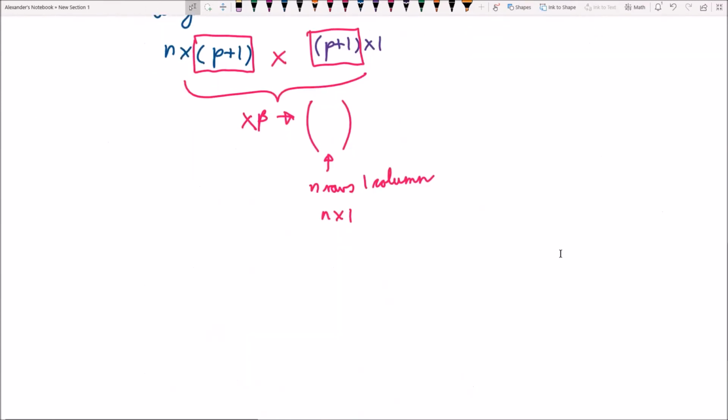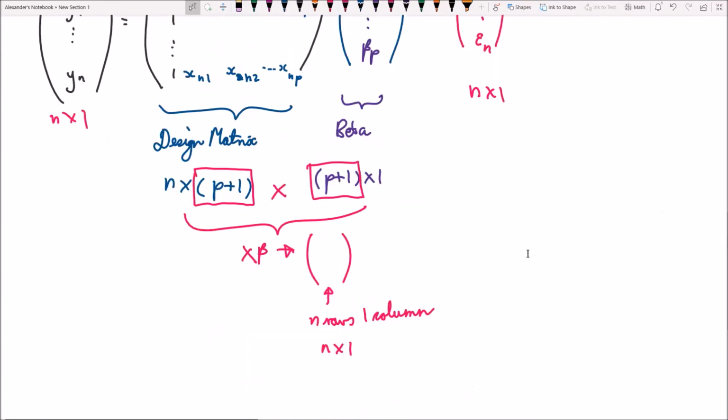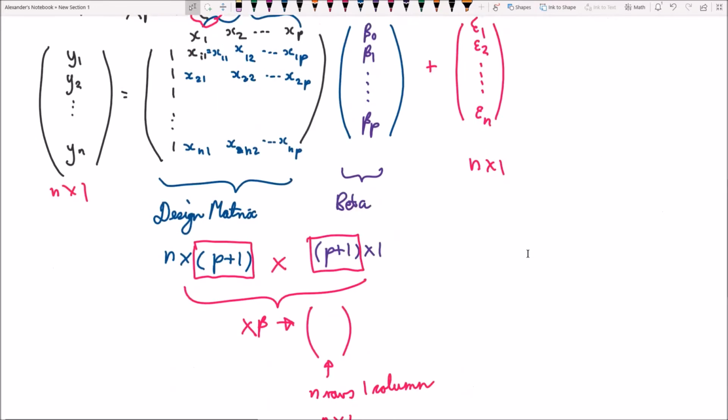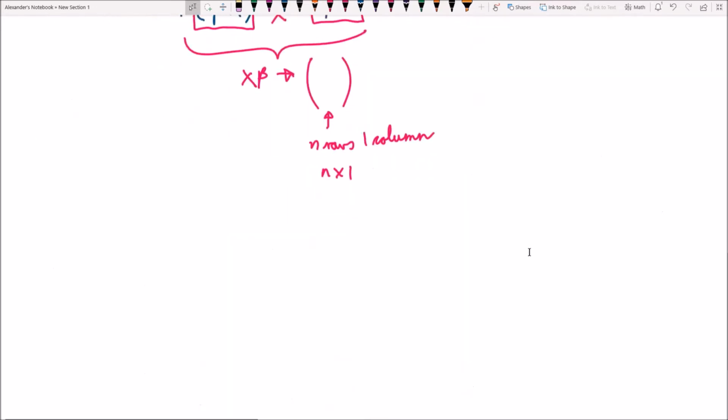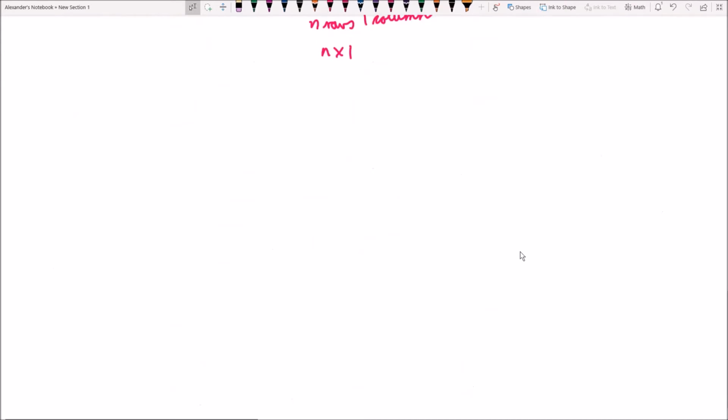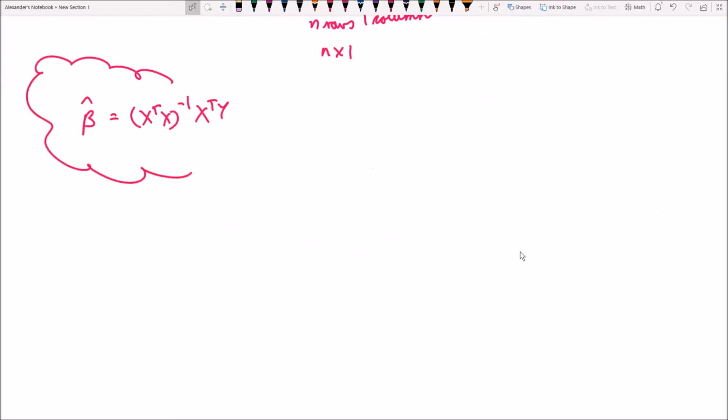So let's carry on to actually calculating the slope coefficients as well as the intercept coefficient for the multiple linear regression model. The formula still holds that beta hat is equal to x transpose x inverse multiplied by x transpose y. This is the most important equation for you to memorize, because this is the case for simple linear regression, SLR, or for multiple linear regression.